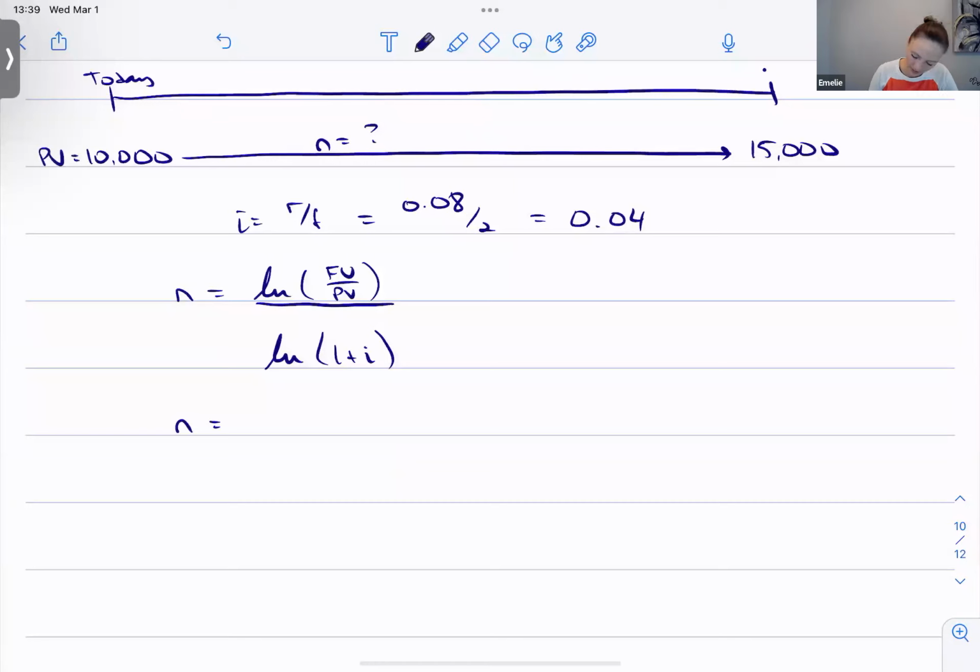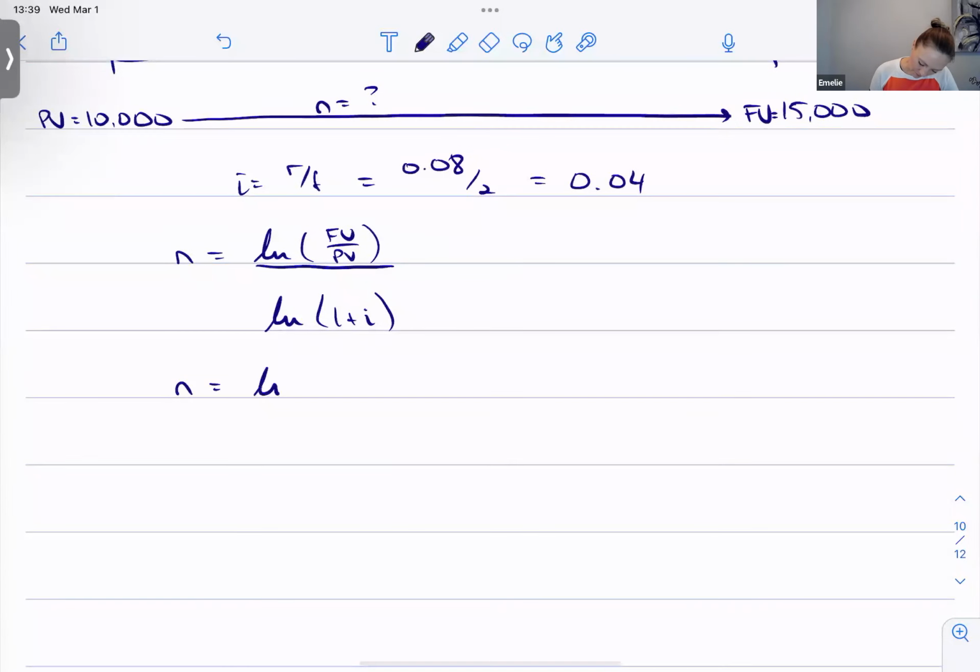This is the present value and this is the future value, 15,000. The natural log of 15,000 divided by 10,000, divided by the natural log of 1 plus 0.04.